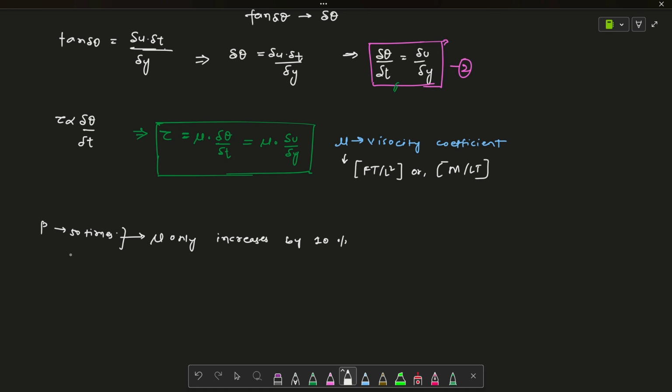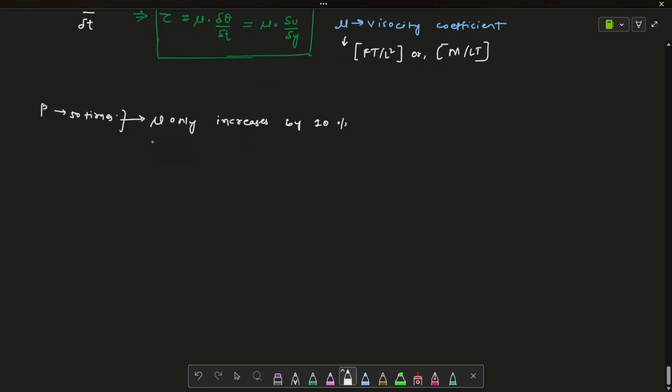So no significant changes are seen by varying the pressure, but temperature has a strong effect on viscosity. So how does this vary? We will write it here: variations of viscosity with temperature.